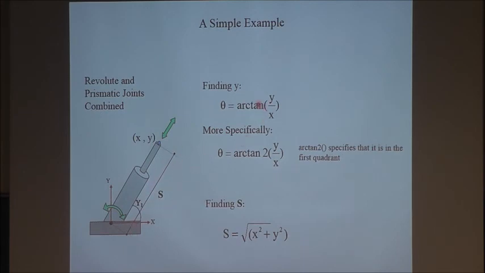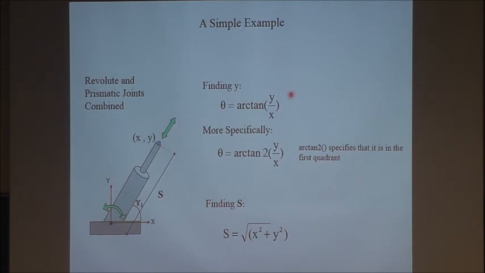Okay. Look at theta, or this right here. This is the arc tangent of y divided by x, as you know. Arc tangent of y over x. That's the definition of tangent in reverse.